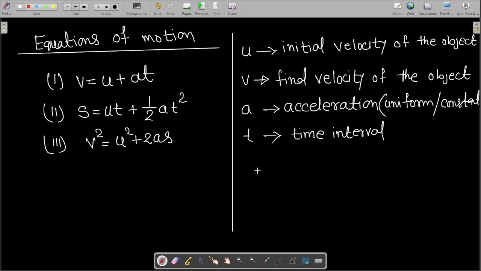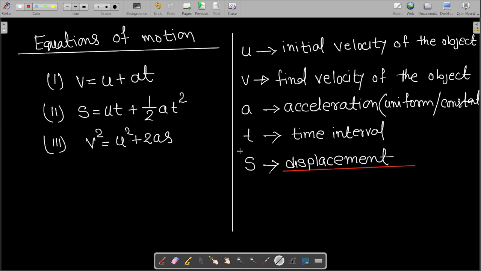And the s here, please remember this. This is not distance. This is displacement. I would suggest you mark it, because everyone gets confused about the s.